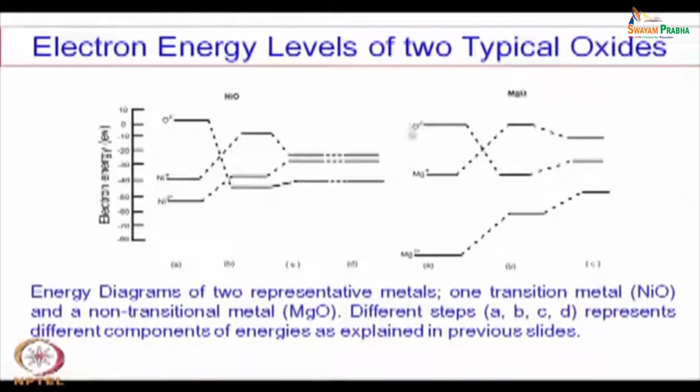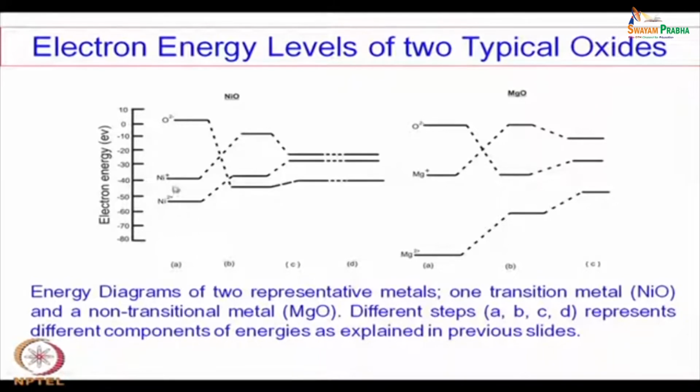Incidentally, this is more or less the situation in other non-transition metal oxides also. To start with, for NiO, Ni2+ is the lowest, Ni+ the next highest, and then O2- the highest energy level, so far as the electron affinity and ionization potentials are concerned.